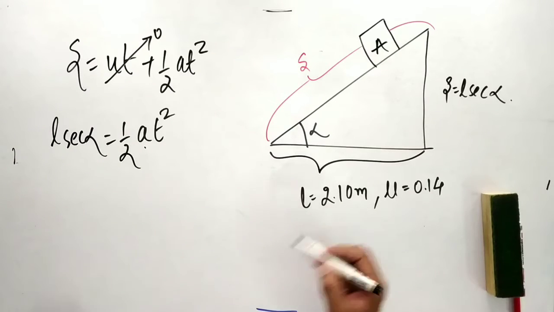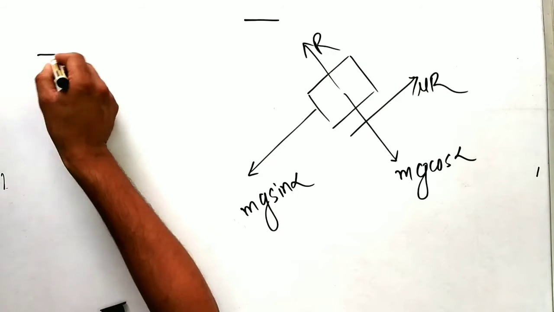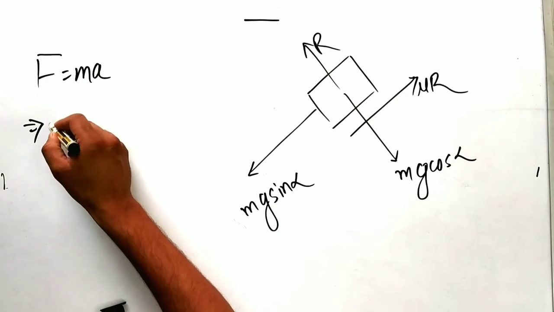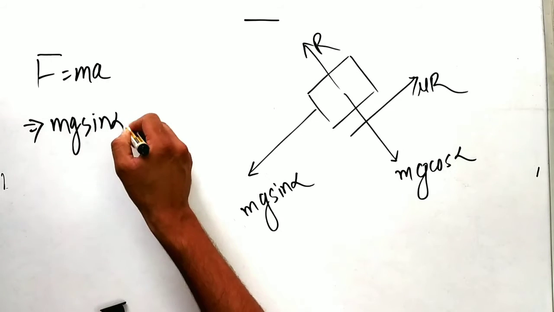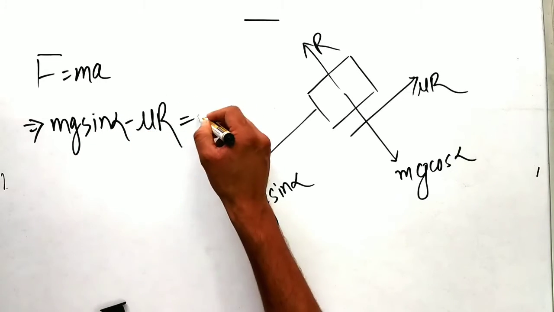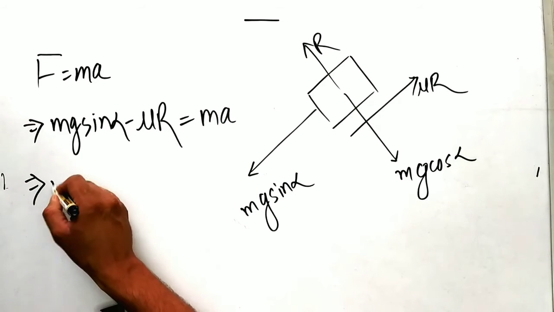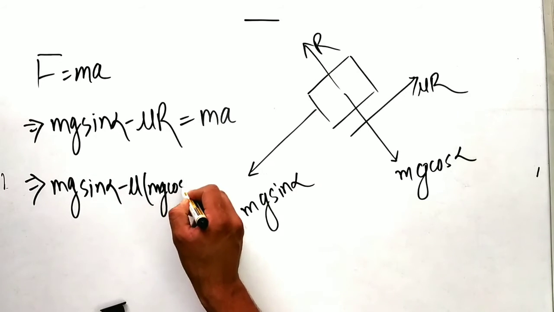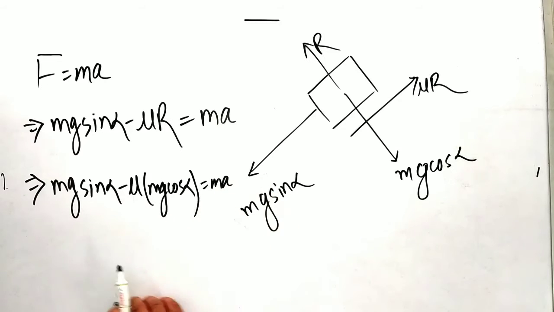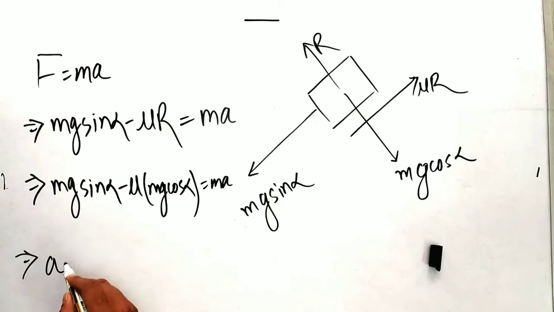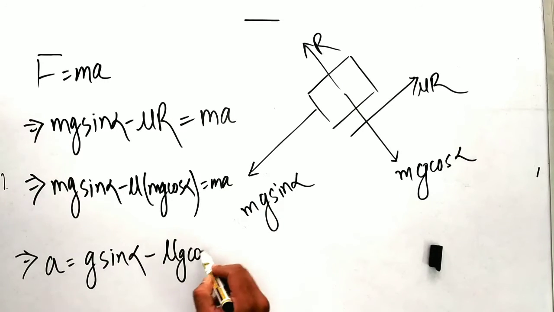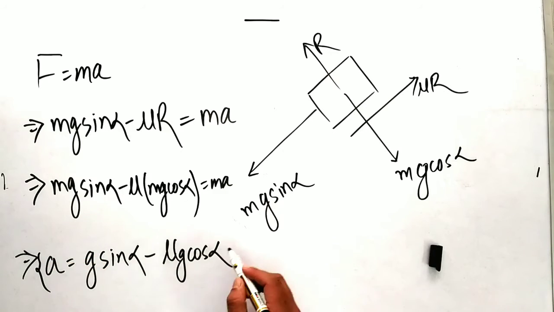Drawing the free body diagram of this body, we have to use the equation F is equal to ma, where F is going to be equal to mg sine alpha minus mu R, which gives us mg sine of alpha minus mu times mg cos of alpha equals ma, which gives us a is equal to g sine of alpha minus mu g cos alpha.